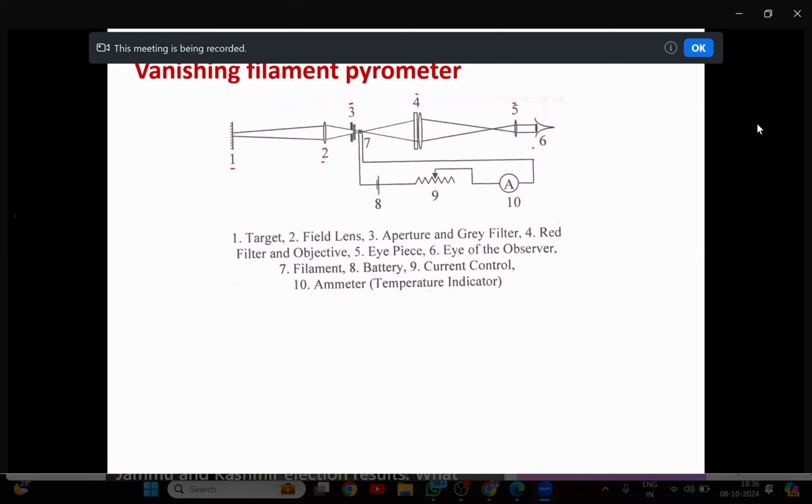You are basically making the observation here. 7 is a filament. We are talking about the vanishing filament pyrometer, so this is the filament. 8 is the battery. 9 is a variable resistor. Basically, you control the current by varying the resistance. And A is the ammeter where you are measuring the current.